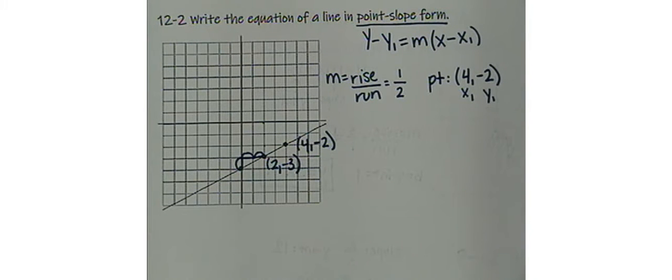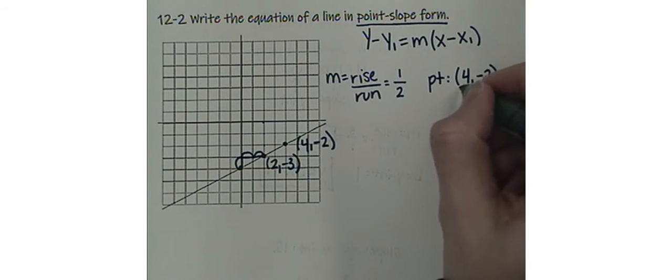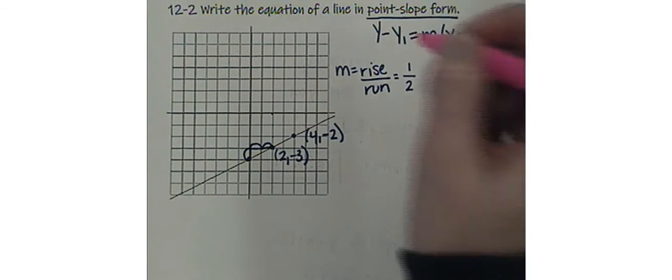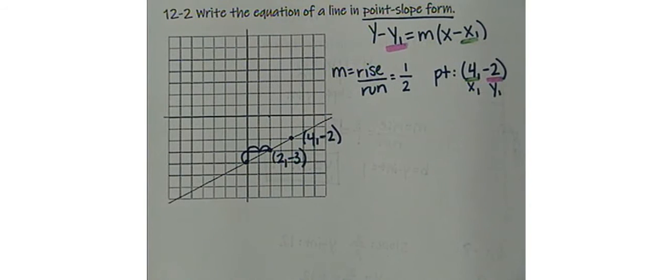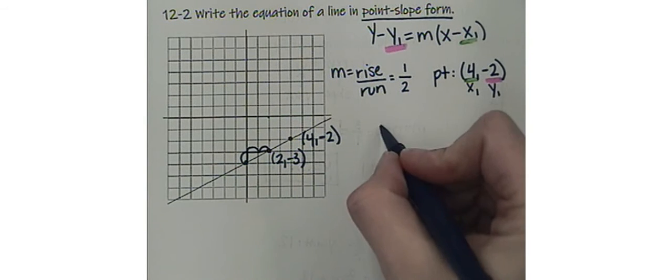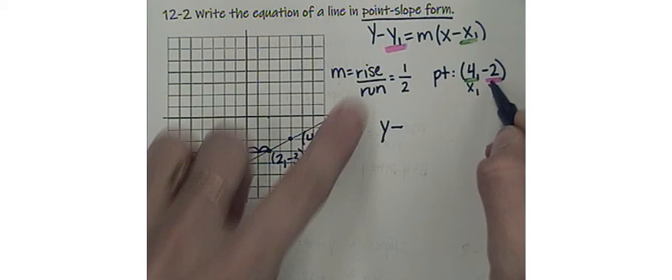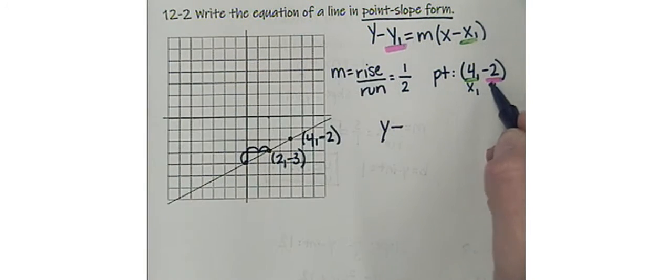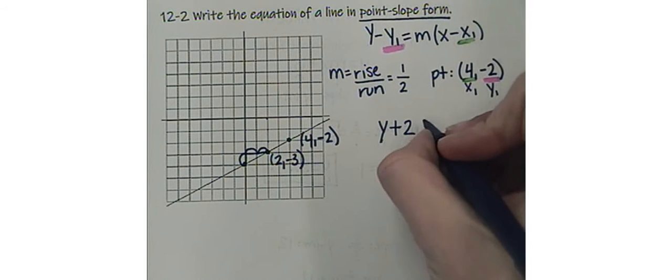What we're going to do is take these values and substitute them into our formula. This 4, this x1 value, goes in for x1. This -2, this y1 value, goes in for y1. And the m, the slope, 1/2, goes in for m. So y minus y1, which is -2. So y minus a -2 becomes y plus 2. It's the opposite sign.